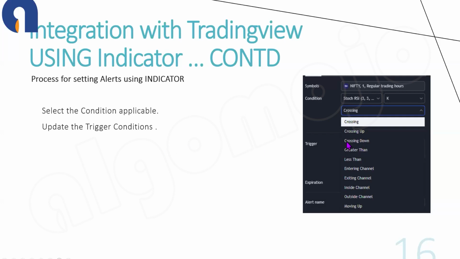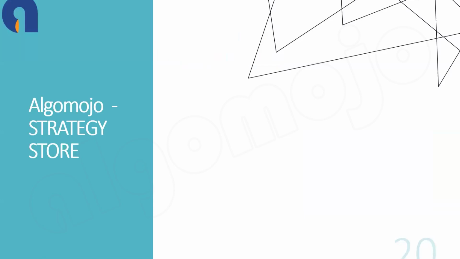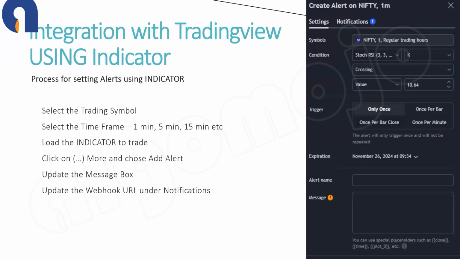Trigger is once per bar kind of thing that we saw: once per bar, once only, once per bar close, once per minute. So you have to update the condition. You have to update the trigger from the drop downs which you have here and from the four things which are provided here. So kindly do these things for an indicator.